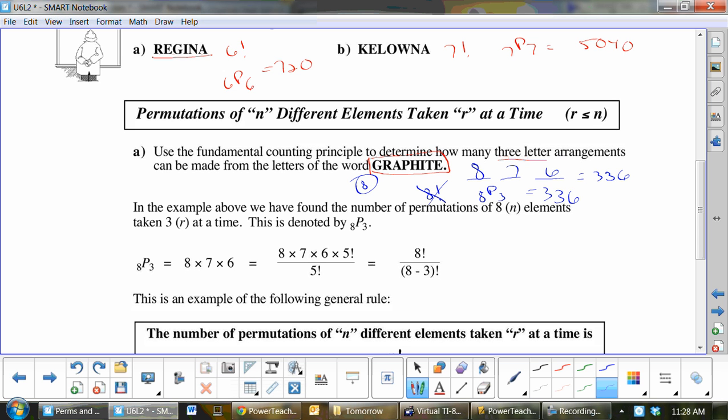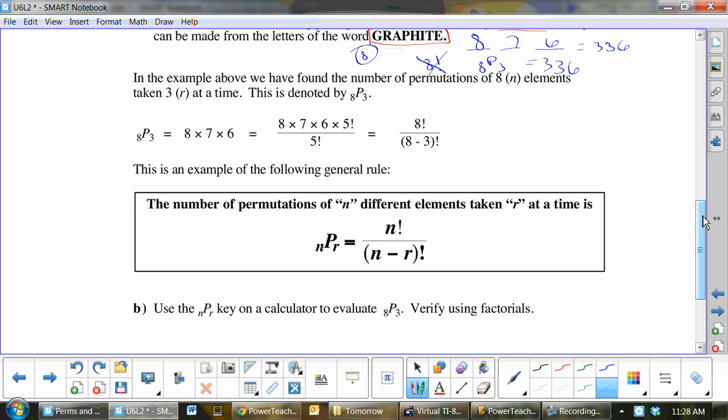Now there's 2 pretty solid ways to be able to find that answer. One is understanding, the other one is using the calculator. You have a question? Okay. Now you can also use this formula here. This formula is on your study sheet, your formula sheet.